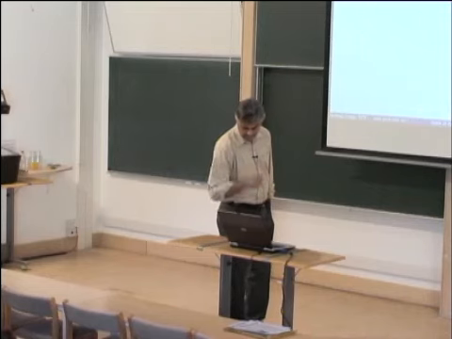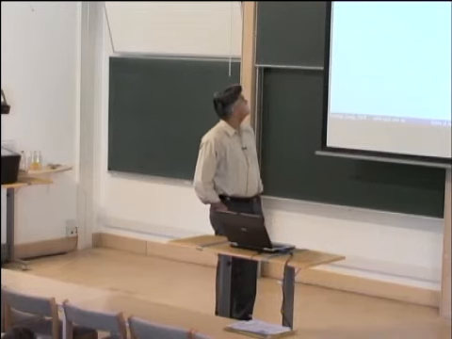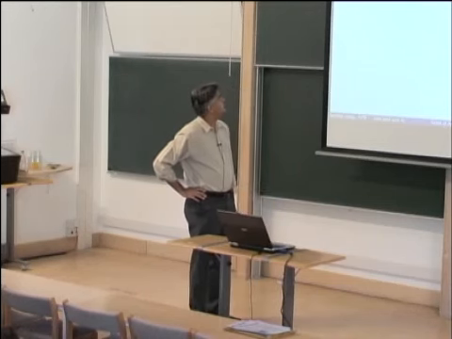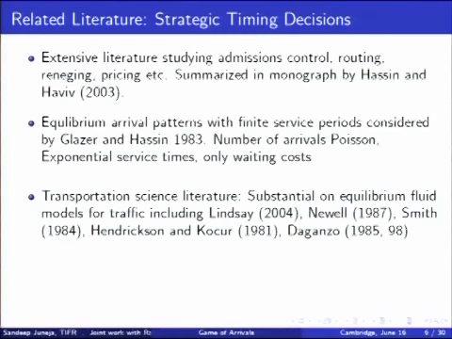Okay, literature. There's an enormous literature studying admission control, routing, reneging, pricing, etc. The monograph by Hassin and Haviv does a good job of summarizing most of it. In terms of arrival times, strategic view of arrival times is just a single work by Glazer and Hassin in 1983, where the total number of arrivals is Poisson, service times are exponential, and only waiting costs are considered.